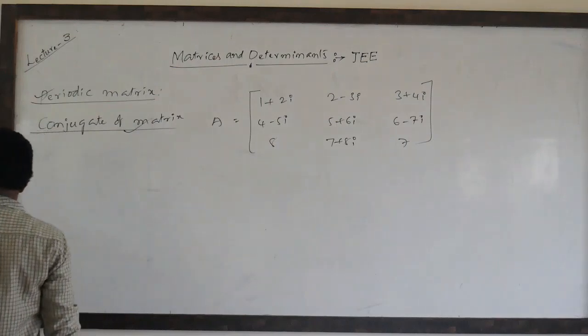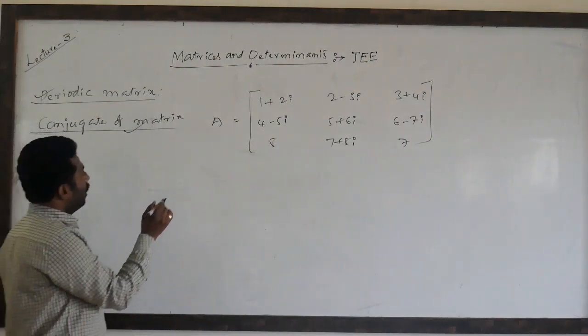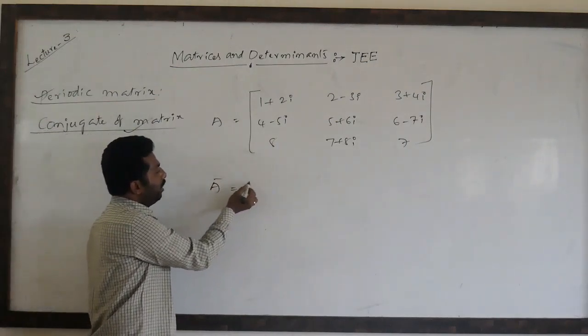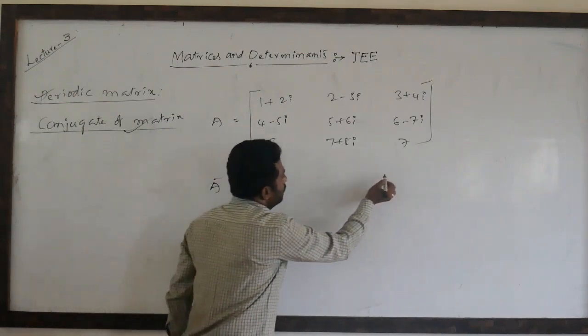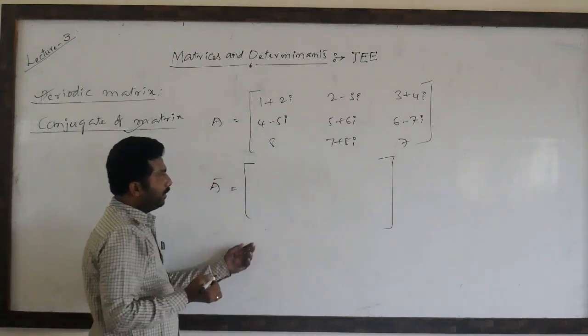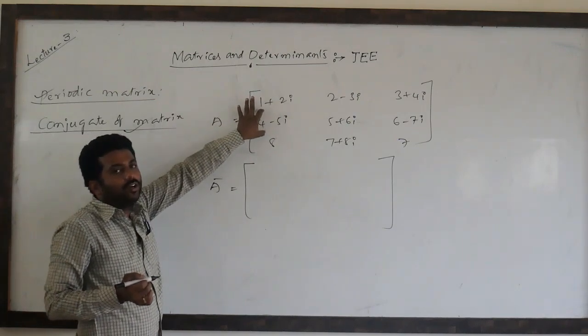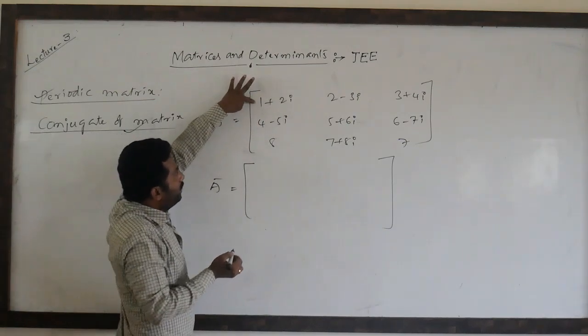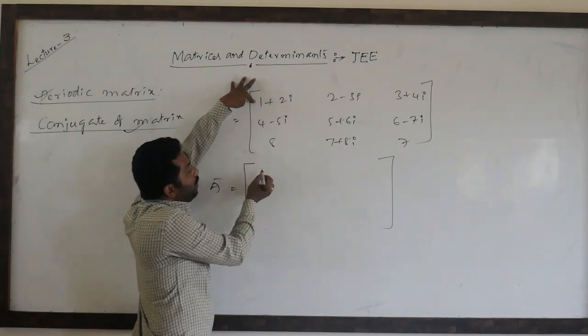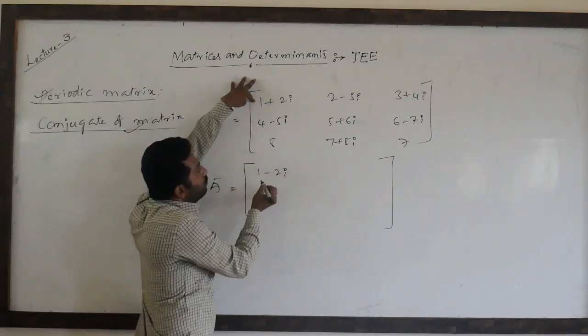So we have to write its conjugate. The conjugate of the matrix, A bar, is obtained by writing the conjugates of these elements, which are complex numbers. 1 plus 2i has conjugate 1 minus 2i.